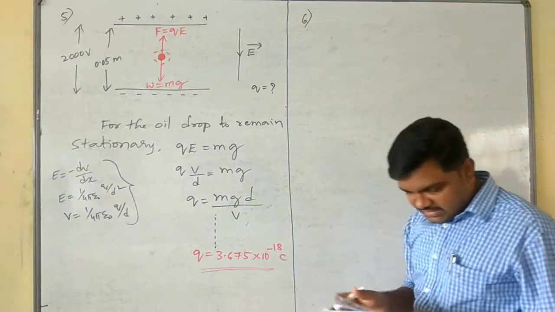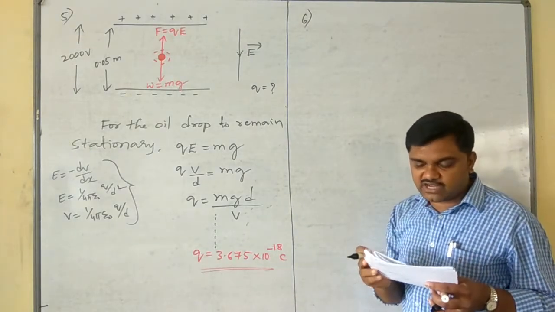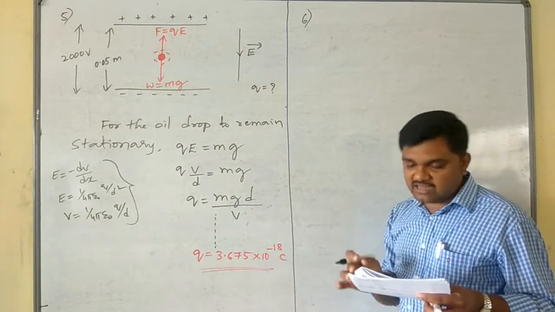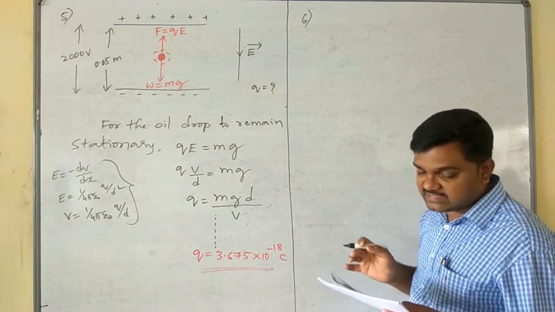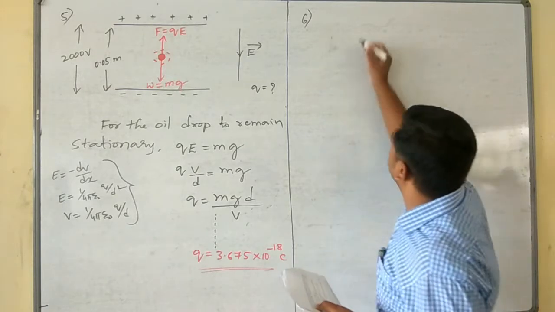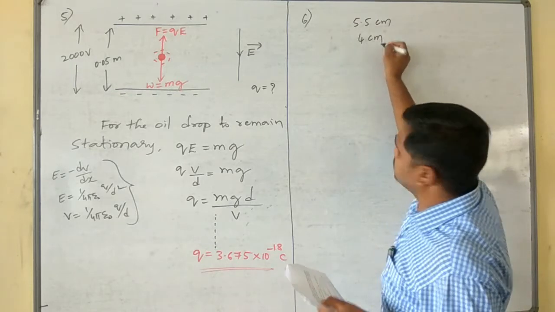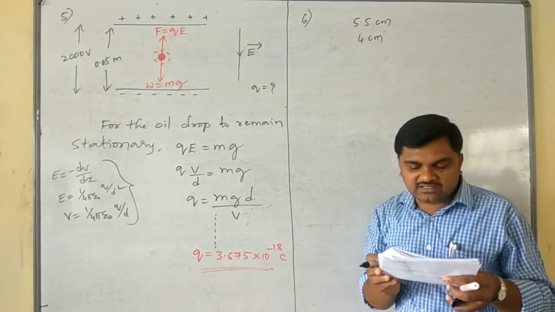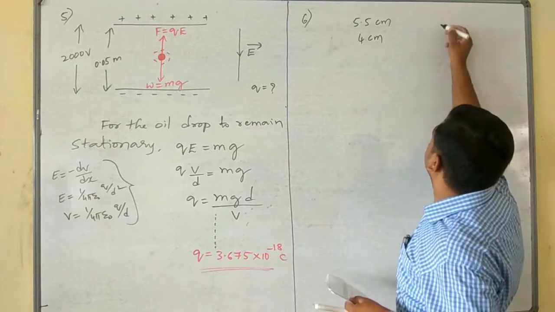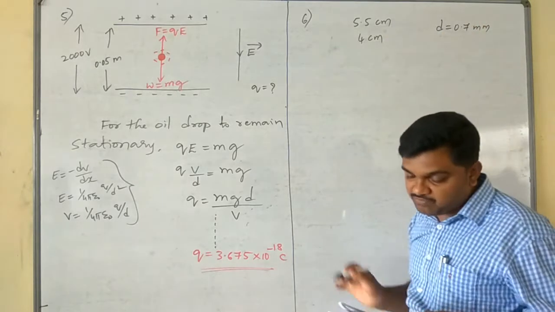Okay, anyhow, question number 6 says that a parallel plate capacitor consists of two identical rectangular metal plates of size 5.5 centimeter and 4 centimeter, which are separated by 0.7 mm. D is given, 0.7 mm.